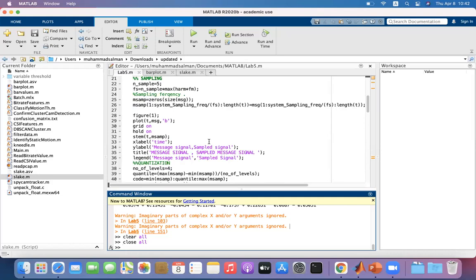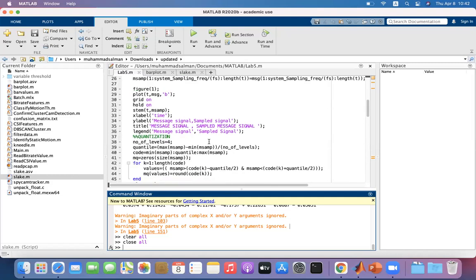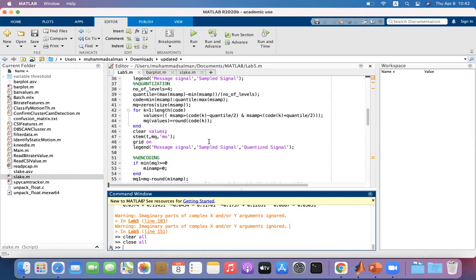For instance, we took one and then we skipped some, and then again we took the other one and then we skipped some. So we took the sample of the signal. We didn't take the entire portion of the signal, and then we quantized it. We defined some quantization levels, and then we assigned the quantized value also to the sampled signal.